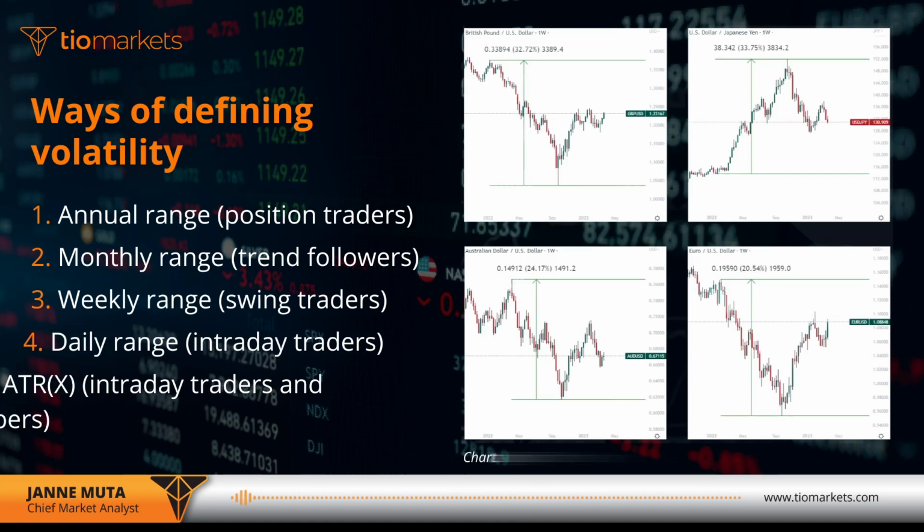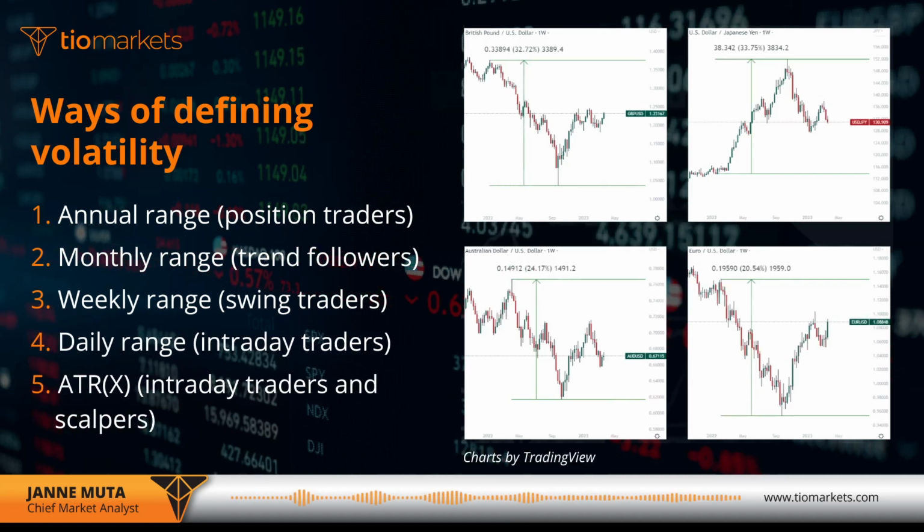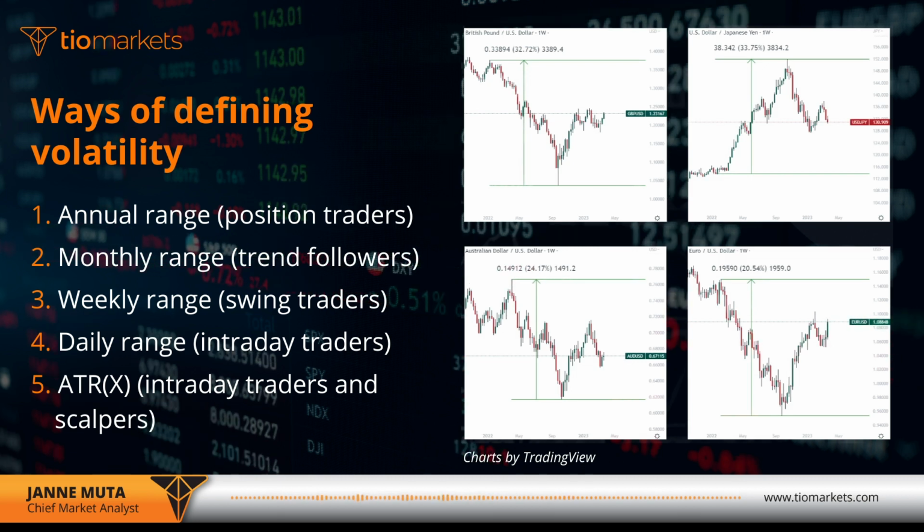Different traders look at volatility through different lenses, so to speak. So if you are a position trader, you are interested in the annual range of the market. If you are a trend follower, you want to know how much the market can move in 1 month's time, or say over a 2-month or 4-month period.